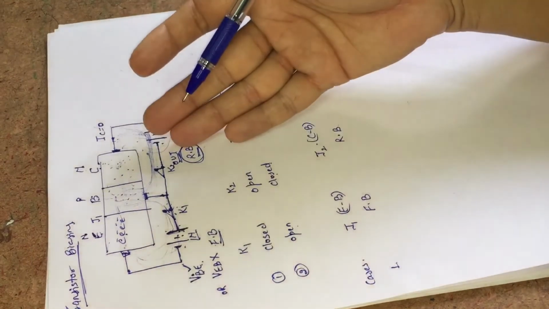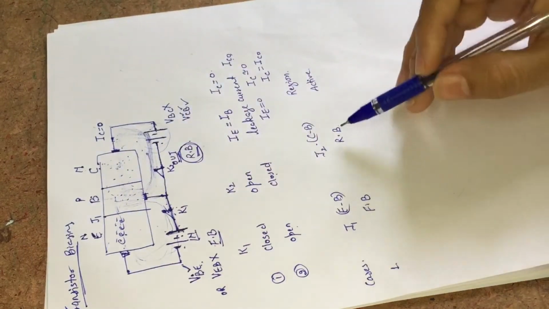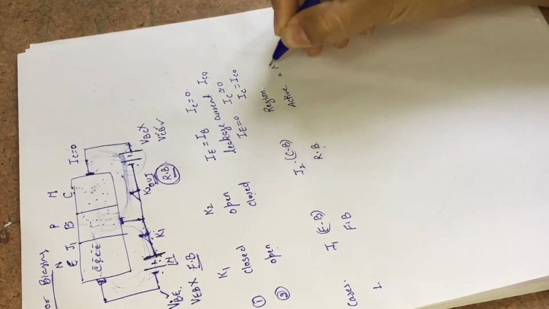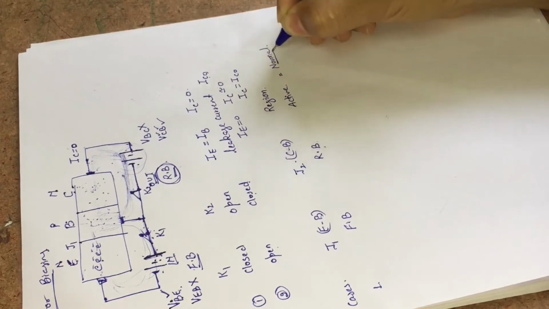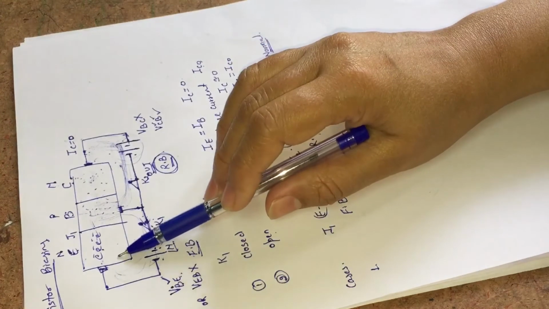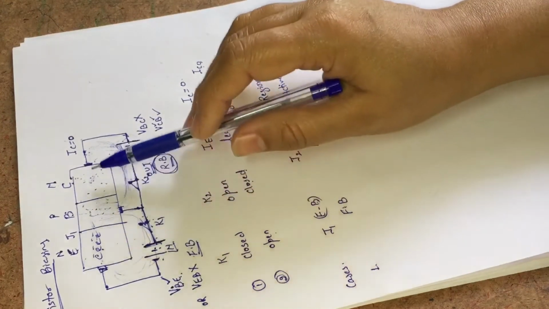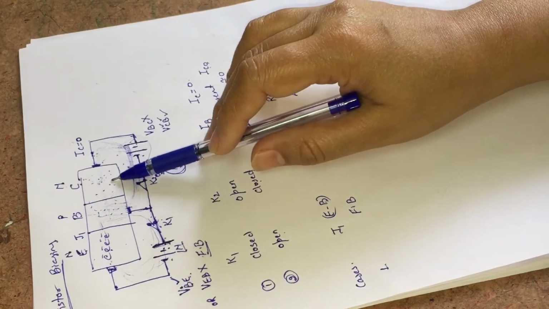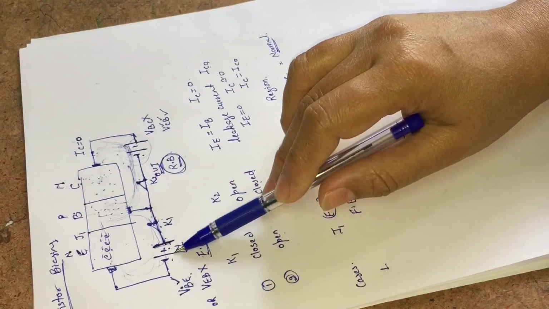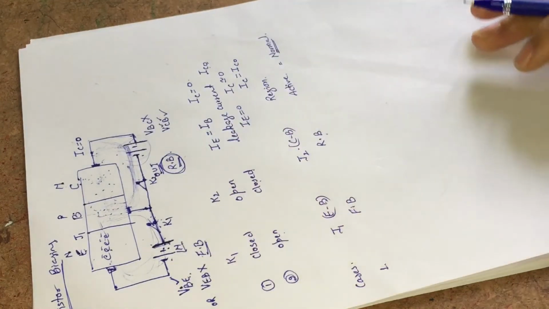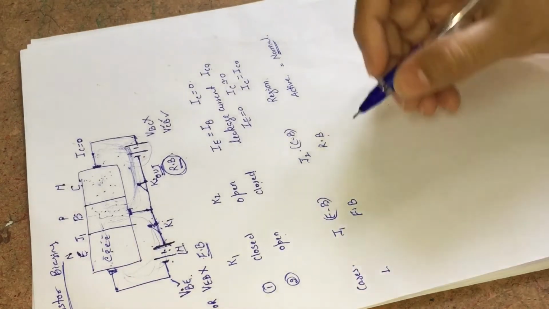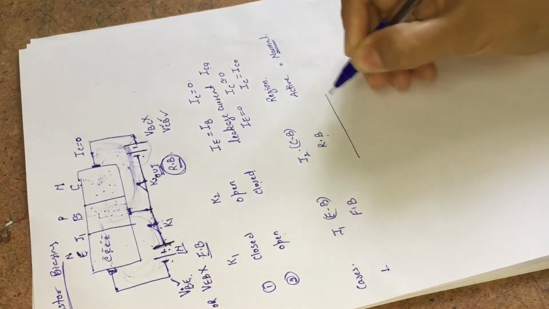In the above diagram, we discussed this same case, and in the active region the transistor is working normally, the operation is normal, in which the output side is not independent of the input side. Output depends upon the input. The input side is forward biased and the output side is reverse biased.